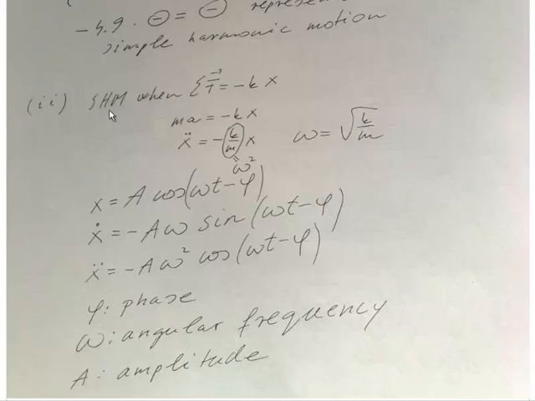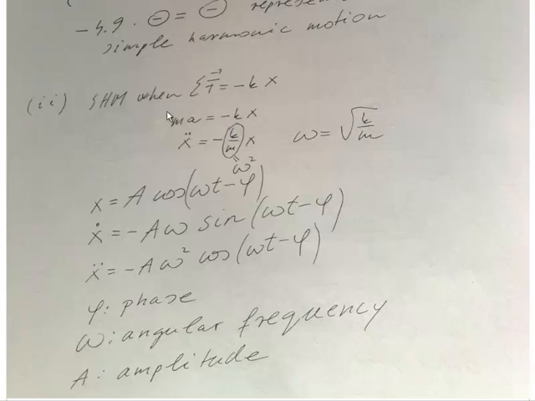Simple harmonic motion is when net force is equal to minus k times x. k is a constant, and we know that net force is equal to m times a. a is equal to the second derivative of x.